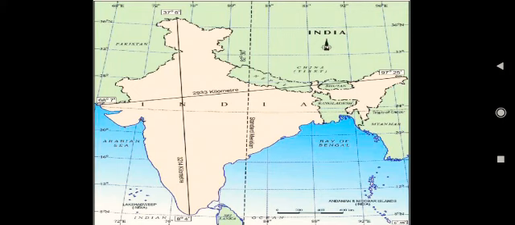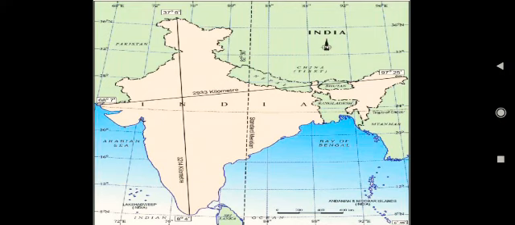The latitudinal extent influences the duration of day and night as one moves from south to north, whereas the longitudinal extent influences the climate of the region. Children, the difference between the longitudinal and the latitudinal extent of India is about 30 degrees. Still, the east-west extent appears to be smaller than the north-south extent.